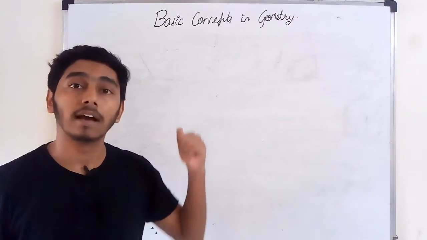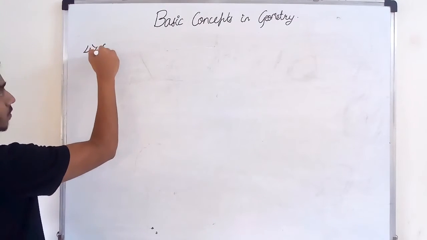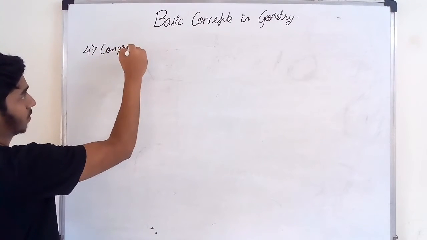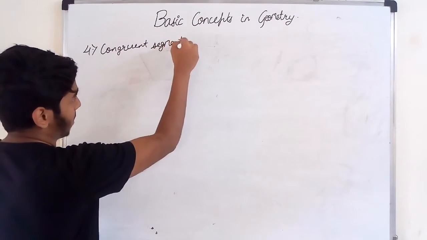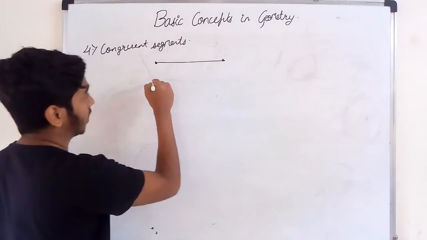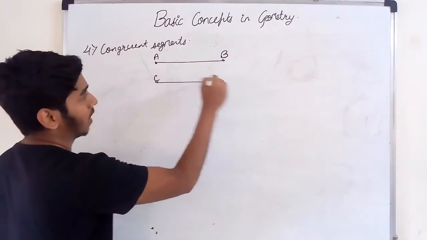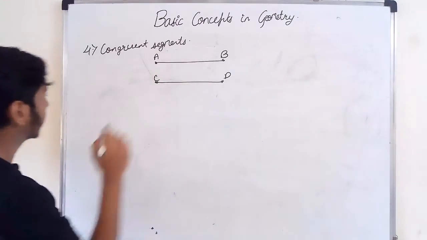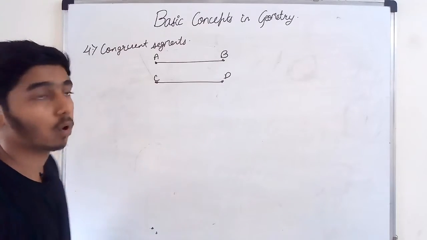We'll see what congruent segments are. Let's say there are two segments AB and CD. When can they be called congruent segments?